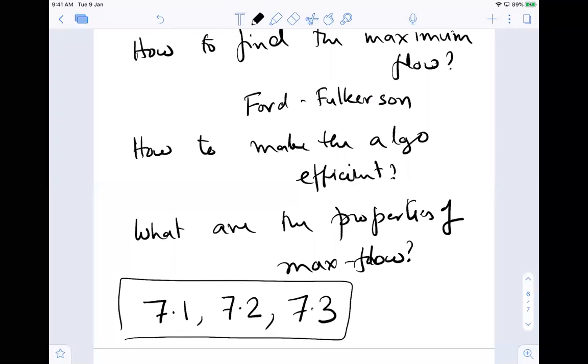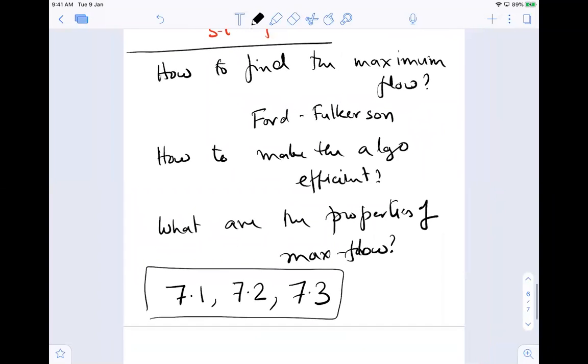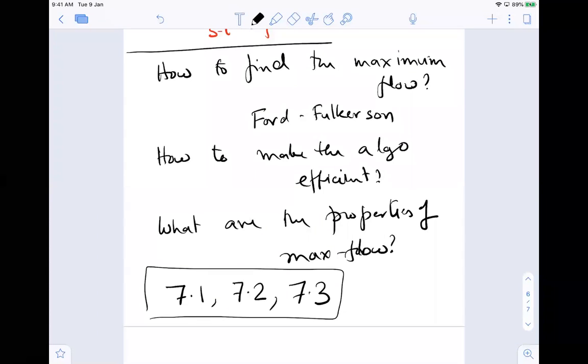Firstly, because these are things you should have done in a discrete math course, and it supposedly has been done to some level, maybe online, but not in a physical class. So please read 7.1, 7.2, and 7.3 and come on Thursday.